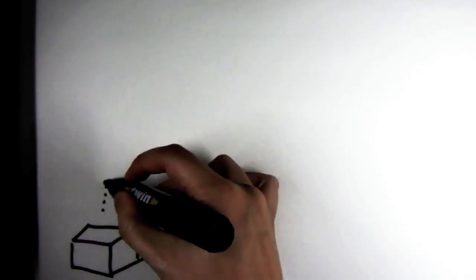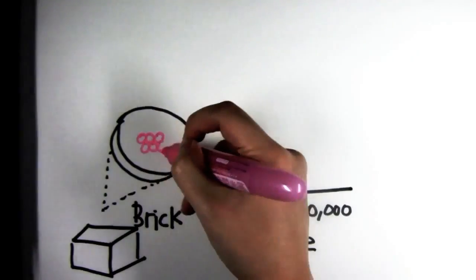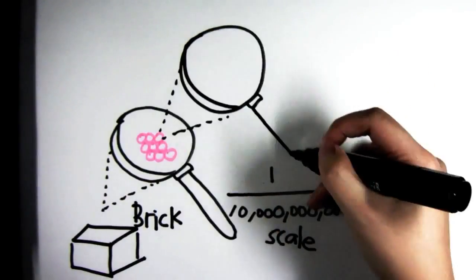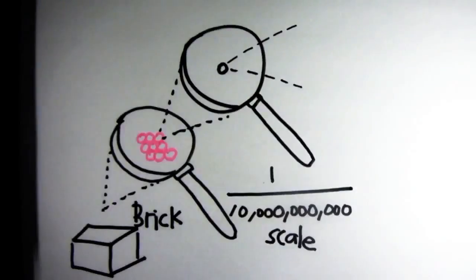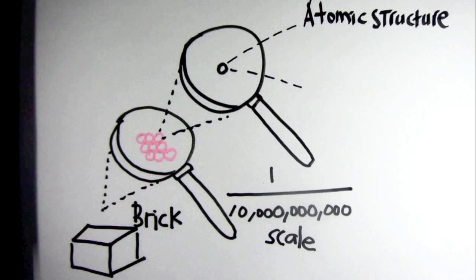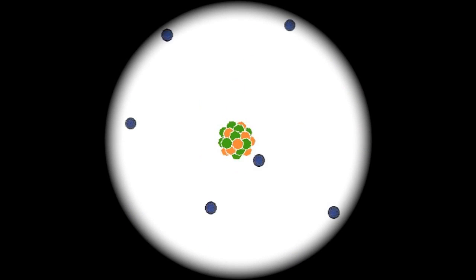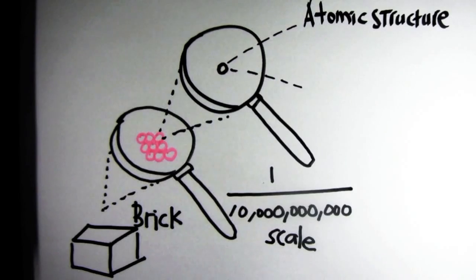Now let's take a look at a regular brick. Magnify it by 10 billion times, we are able to see that it's made up of many atoms. So now let's magnify it even further and see what is inside just one atom. Here's a magnified view of one atom. It is not a perfect representation of what an atom would look like, but it's close enough for right now.